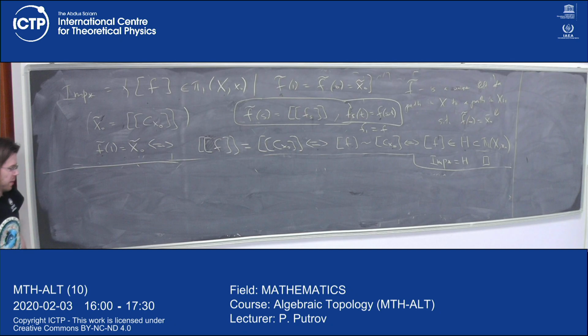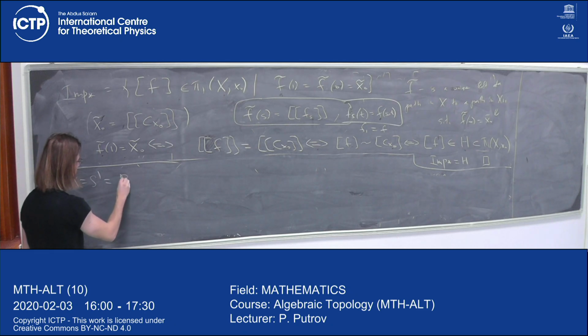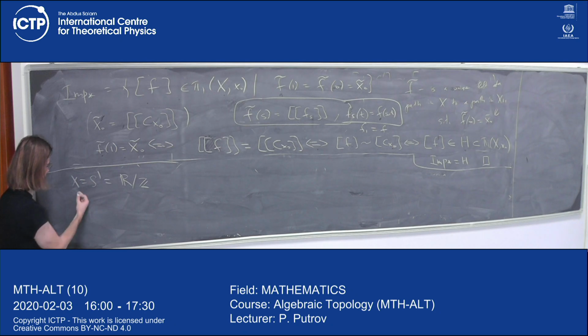It's hard to give an example, so this is a very simple example. Let me take X to be S^1. Again, as before, let me realize S^1 as R mod Z. We constructed before the universal cover X tilde, which we realized by R here.